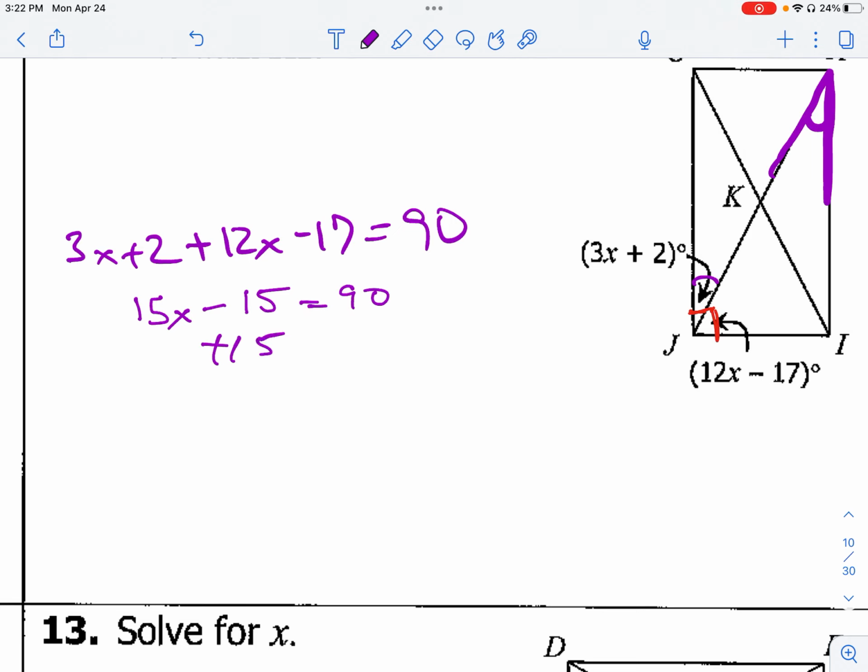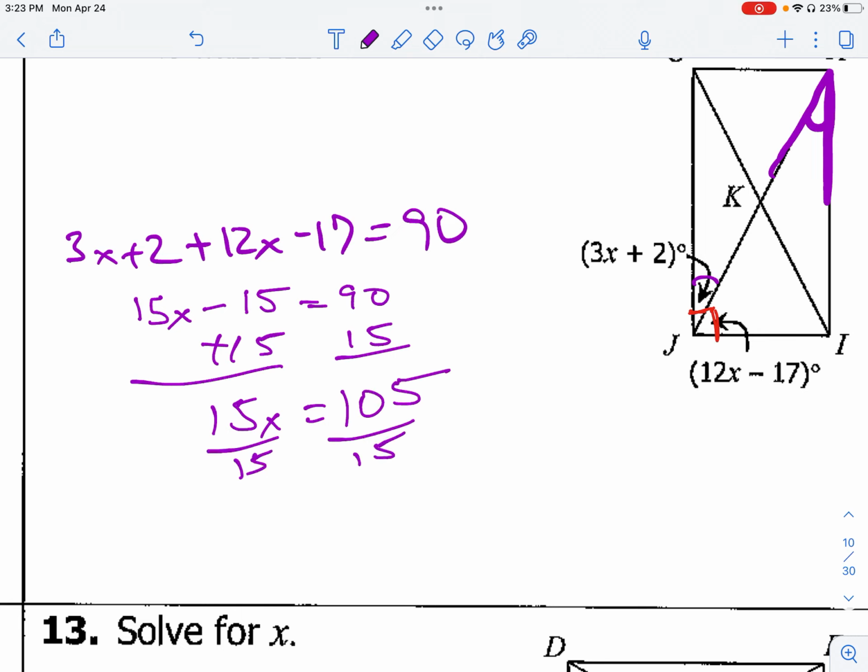We get the x by itself. So 15x equals 105. We divide by 15, and we're going to end up with x equals 7. And we already established that 3x plus 2 is going to be the same as the angle we're looking for.